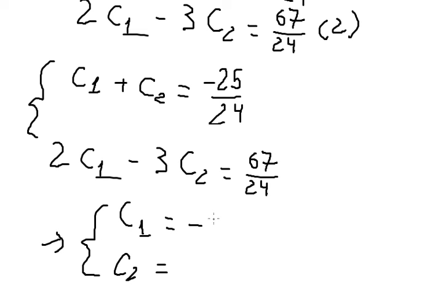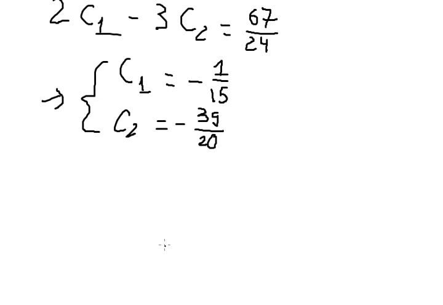So we have negative 1 over 15. And the next one is negative 39 over 20. So we have the final answer in here.